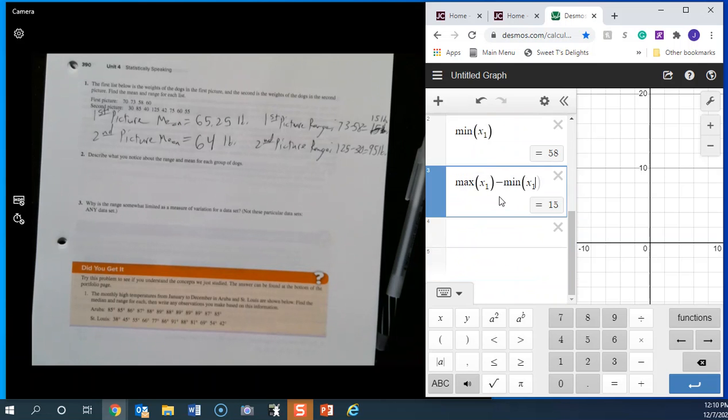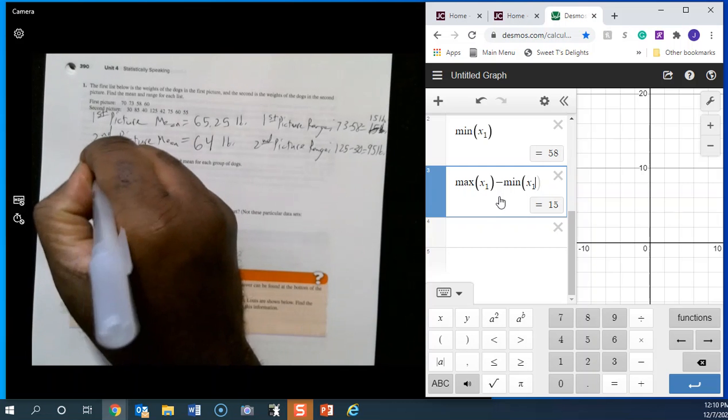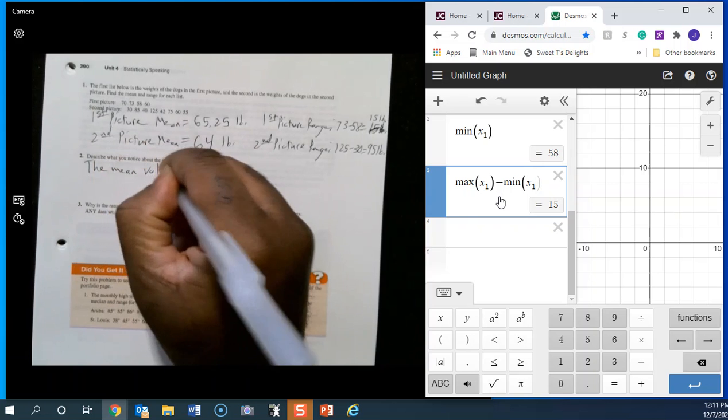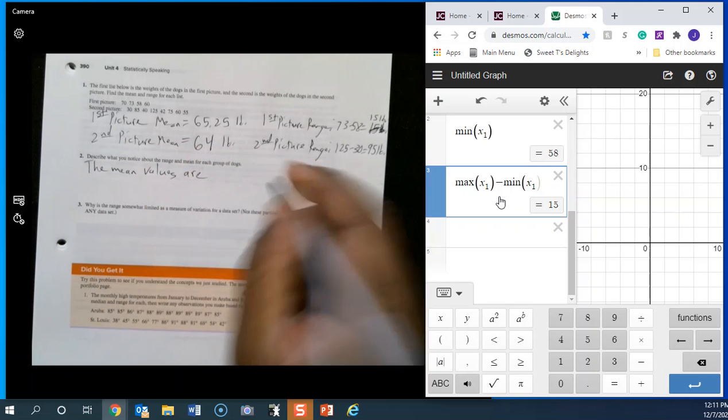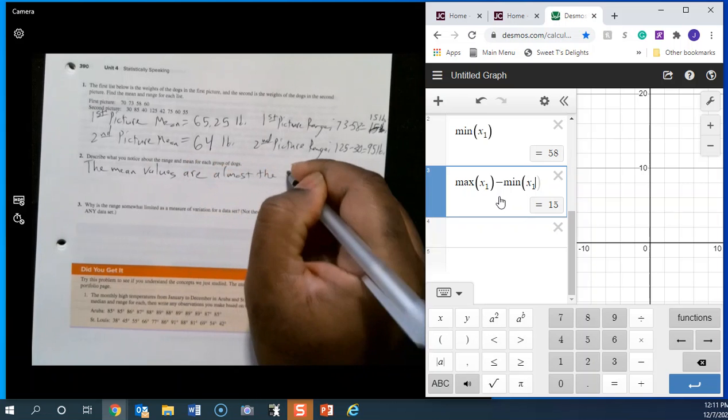All right, so now we go here to problem number 2. It says, describe what you notice about the range and mean for each group of dogs. So the first thing I notice is the mean values are almost the same.